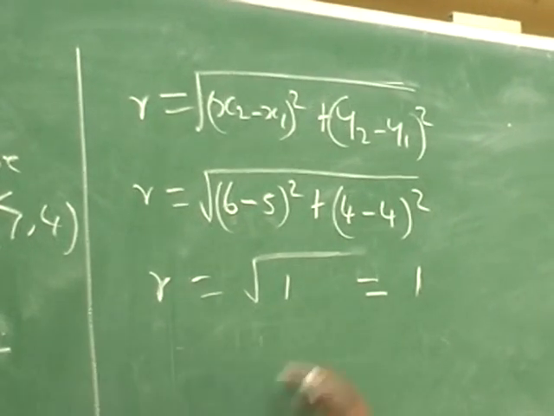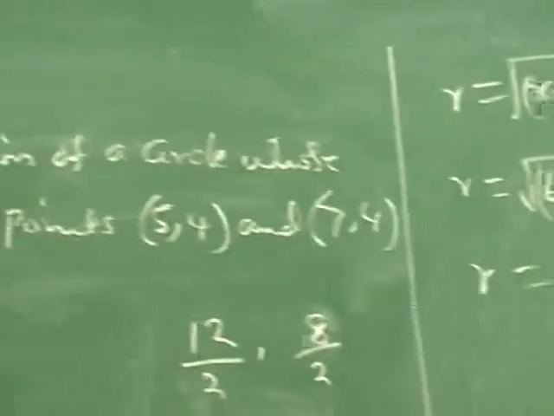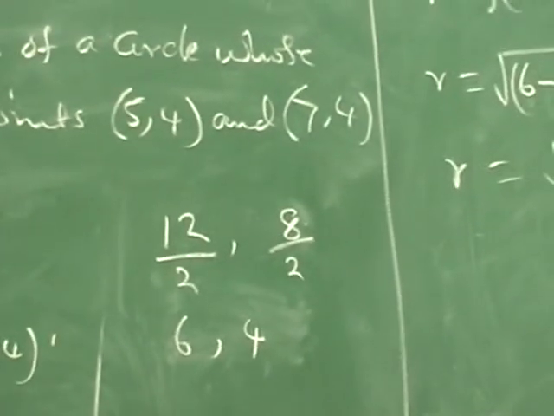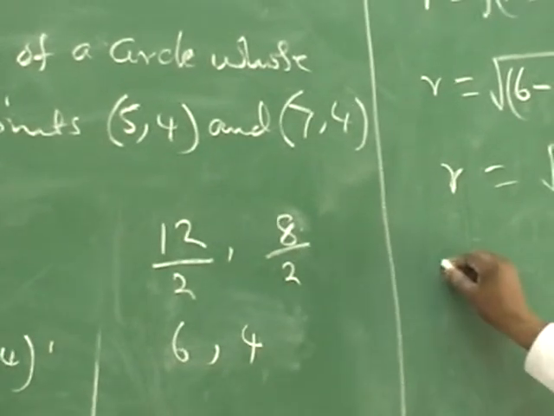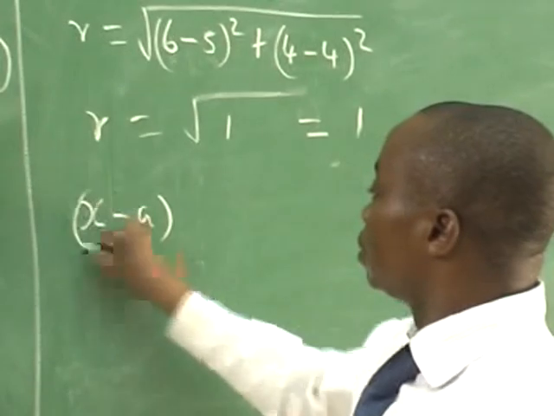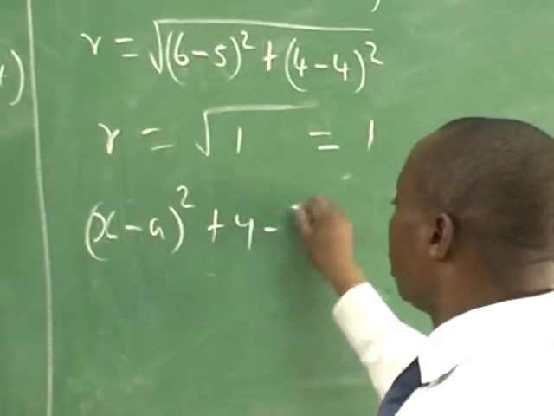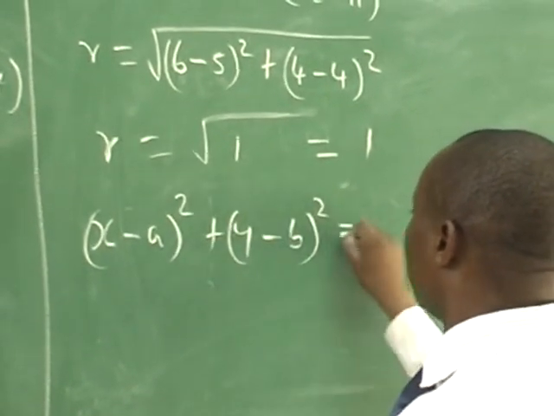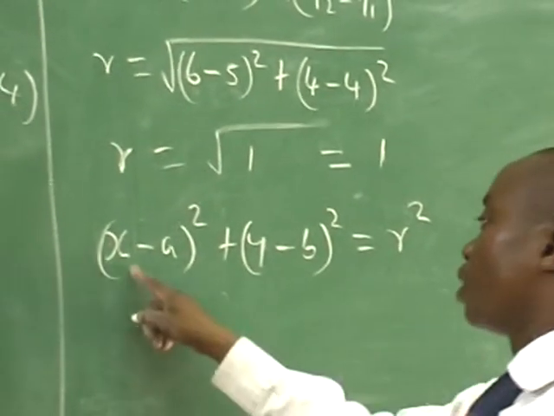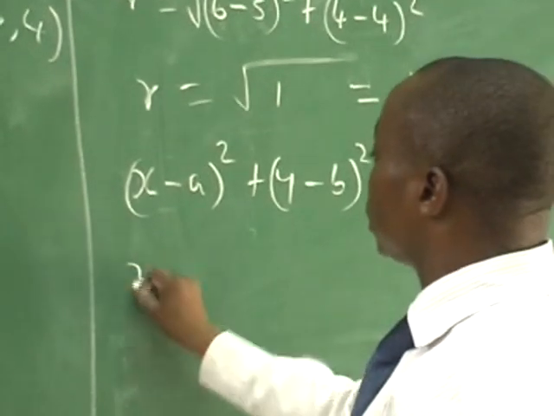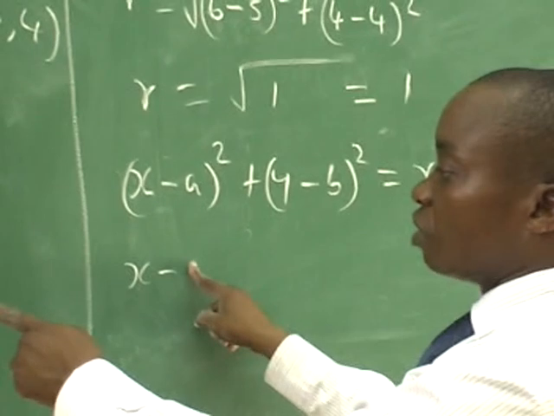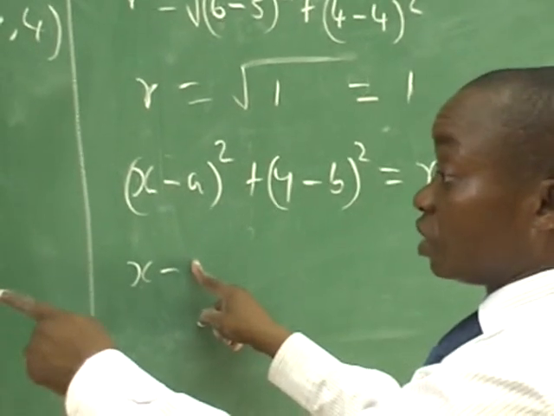Now that we have got r, we also have the coordinates, so we can now form the equation of the circle. The equation of the circle is given by (x minus a) squared plus (y minus b) squared equals r squared, where a and b are the coordinates of the center.